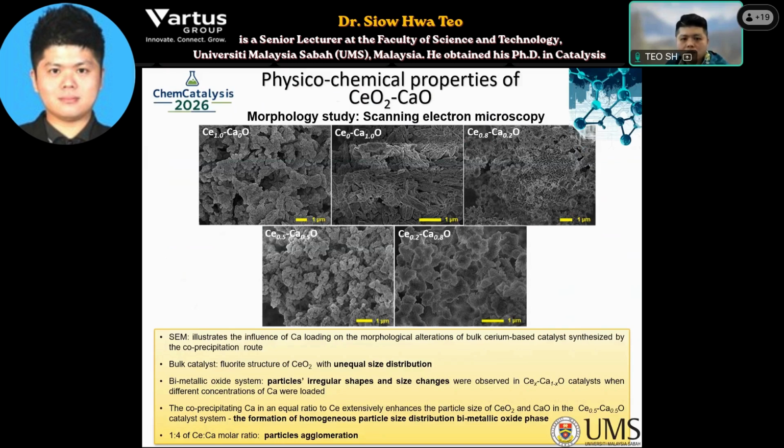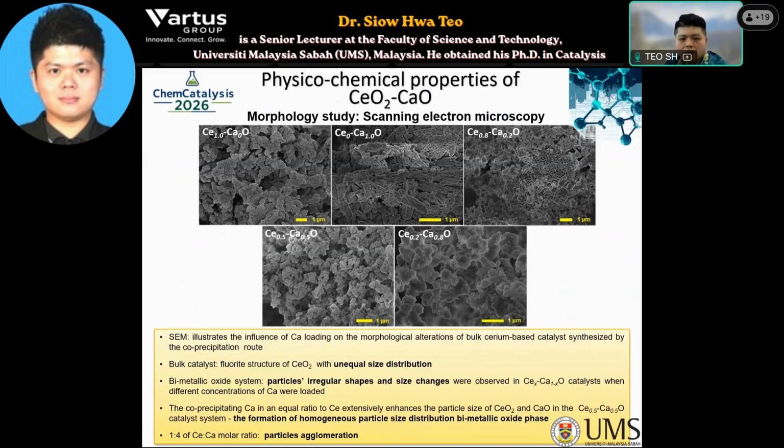After introducing calcium oxide, very significant changes in the particle morphology can be observed, indicating that the catalyst composition influences particle growth and aggregation during the synthesis process. What is interesting here is that the cerium calcium mixed oxide shows a more homogeneous particle distribution as compared with the other compositions, okay, suggesting a better interaction between the cerium and the calcium oxide phases.